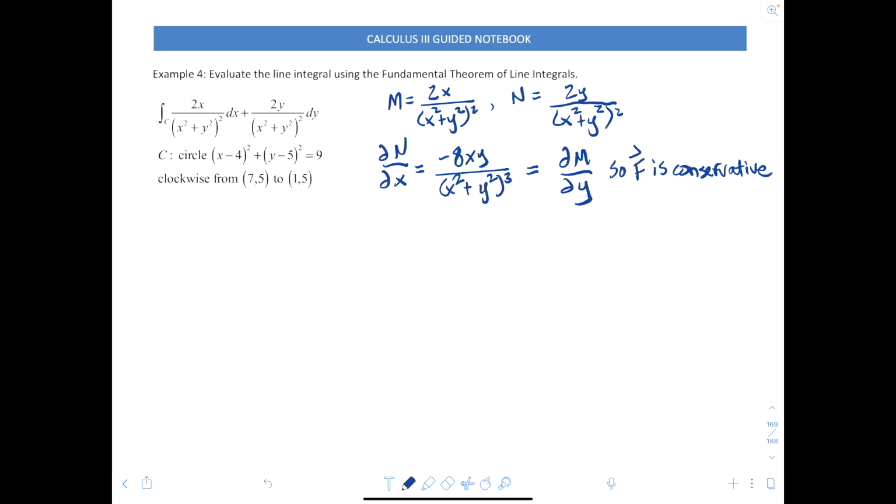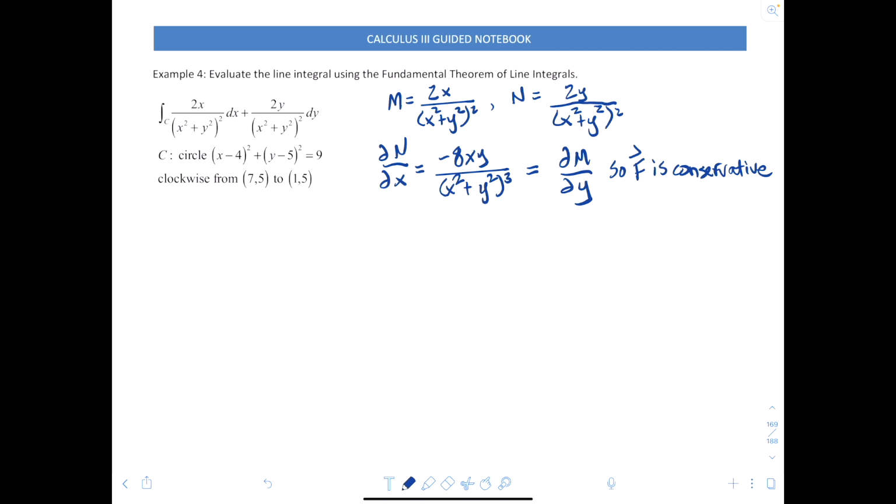We're going along a circle centered at 4, 5, clockwise from 7, 5 to 1, 5. So basically, we're never going to deal with 0, 0. So we're good. On our path here, M and N are continuous, so we're cool.